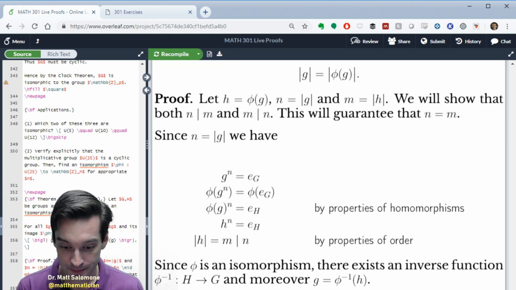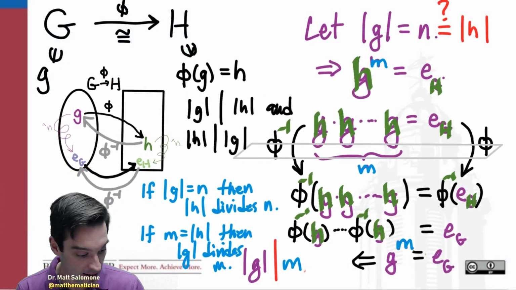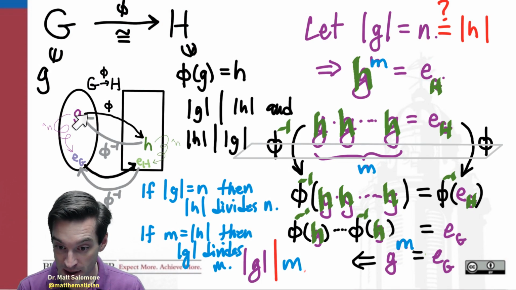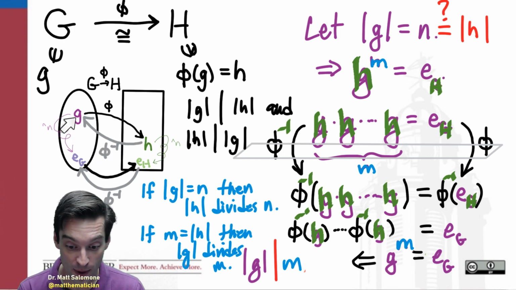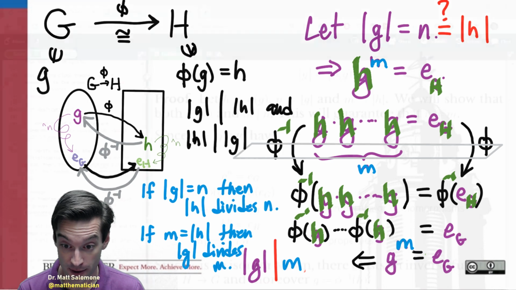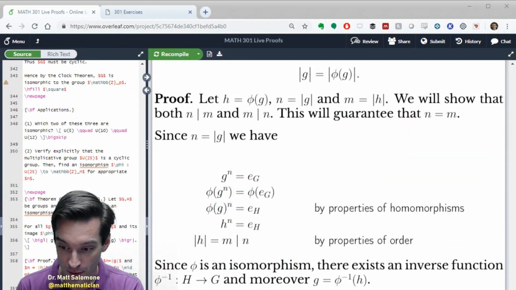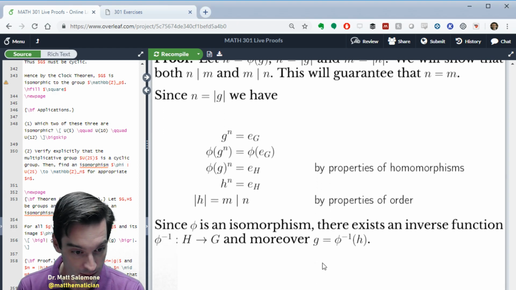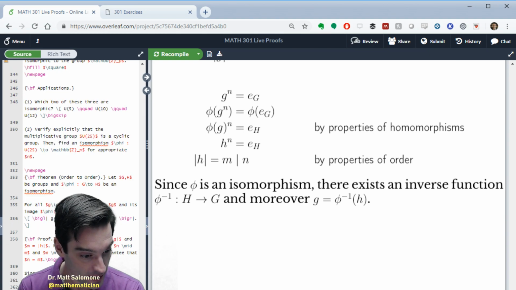Coming back to the diagram for just a second, the fact that phi has an inverse function means that if phi sends g to h, then phi inverse necessarily sends h back to g. There is no possible room for disagreement or ambiguity there. So g is equal to phi inverse of h. Now we just have to run this same argument about the order, just using the order of h instead of the order of g. And that will complete our proof that n divides m.